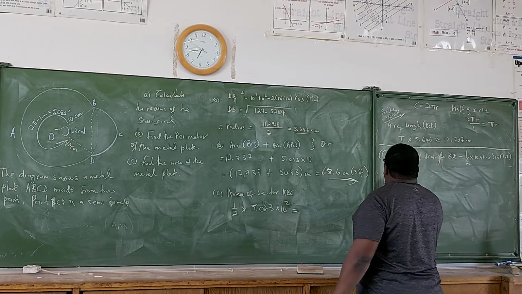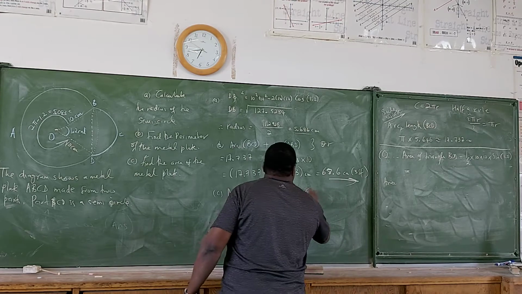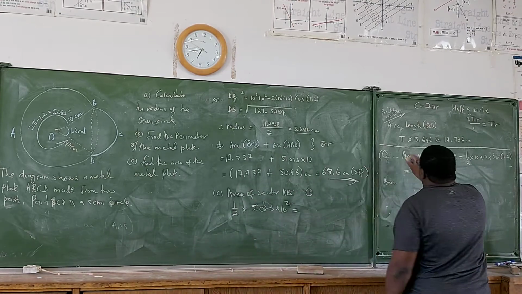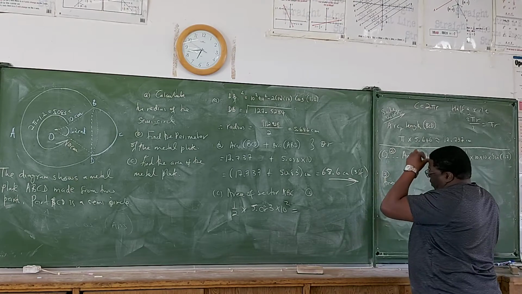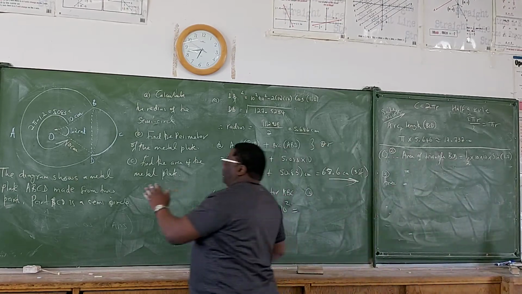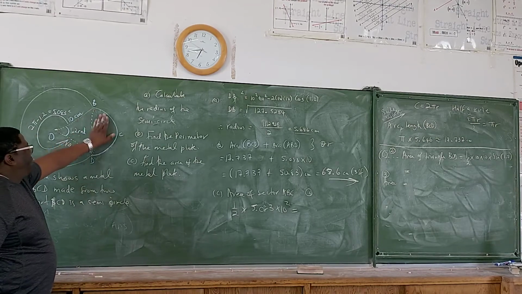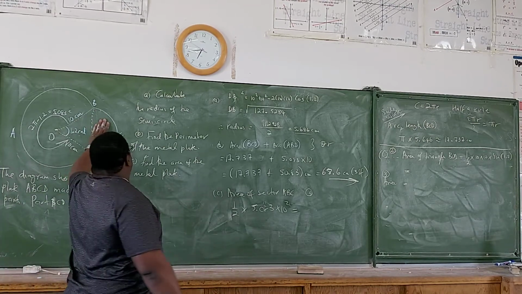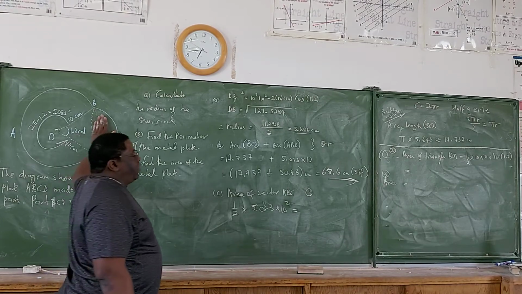Then we are going to find the area. So we're going to divide it into 3 little parts. This is my first part. This is my second part. And this is my third part. We're going to find the area of. Now remember we have the area of that. So we need to find the area of the semicircle. So to find the area of the semicircle, pi r squared divided by 2.